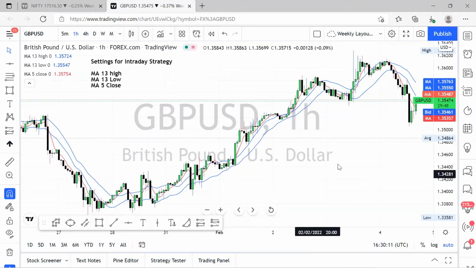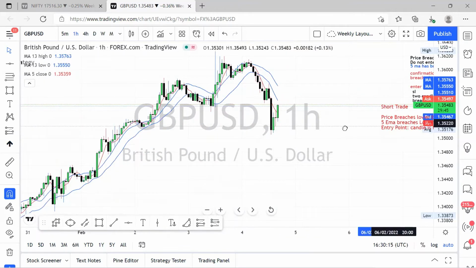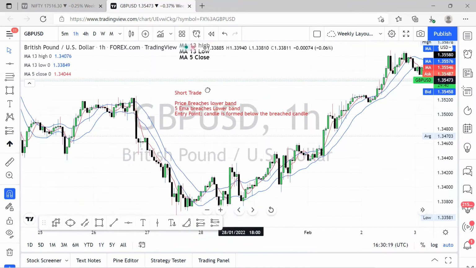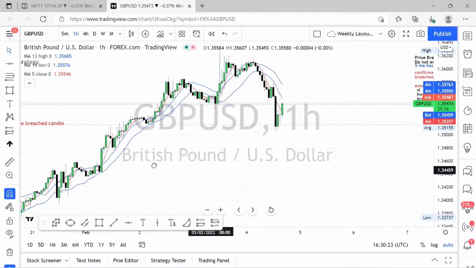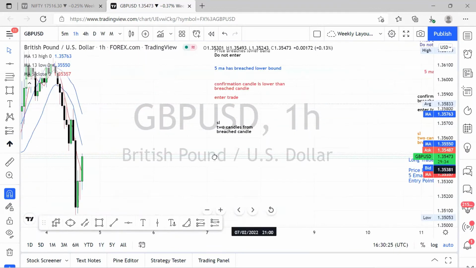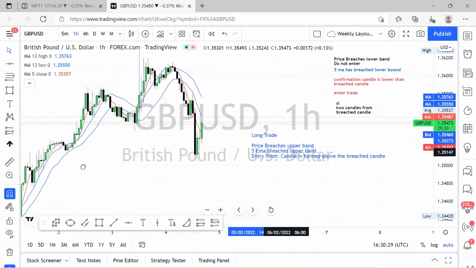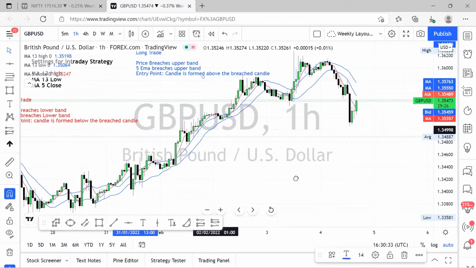So let's get some rules on this particular strategy. We have 2 strategies here. The first one is for the short trade, and the second one is for the long trade. Once you do that, you'll see everything explained.